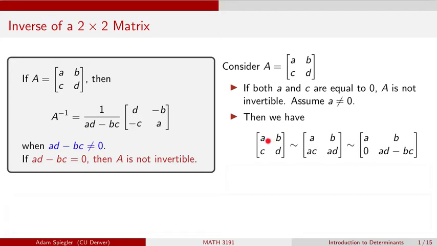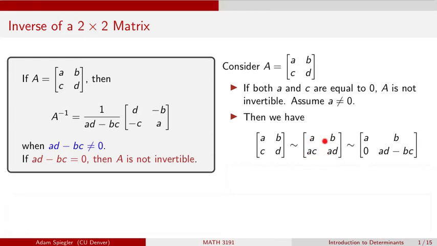For example, we can scale row 2 of this matrix by multiplying row 2 by A. And since A is non-zero, this row is not going to be zeros unless both C and D are equal to 0.